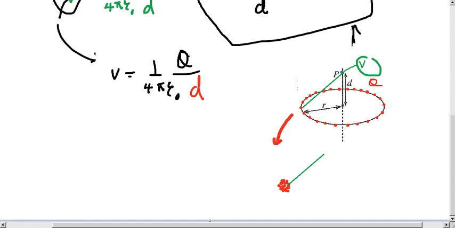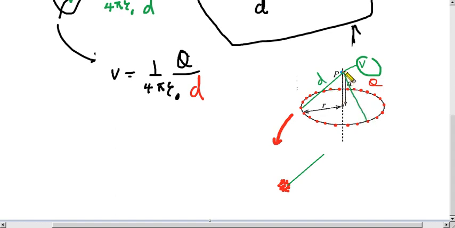Since we don't have to care about the direction, directions are different, but we don't have to care because potential is a scalar, it is not a vector. Therefore only the value, only the magnitude is what we need. So say that distance is d.